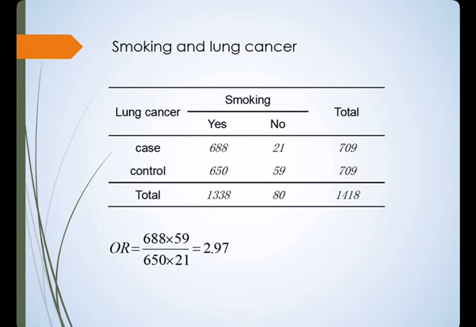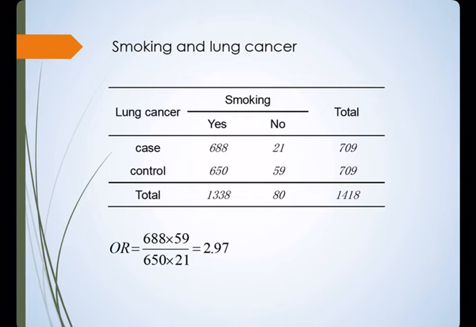When we want to estimate the effect size of smoking on lung cancer, we can then estimate the odds ratio. We can see from this table that the odds ratio can be calculated by AD divided by BC. And the final odds ratio is 2.97.